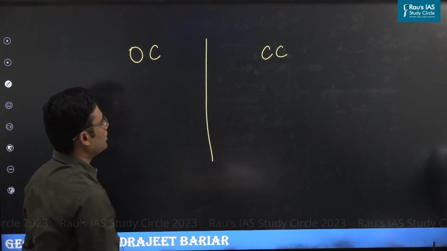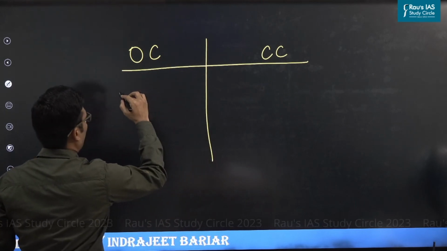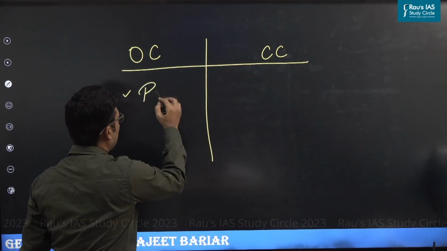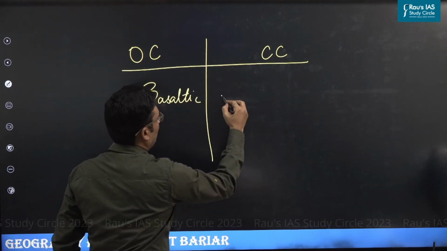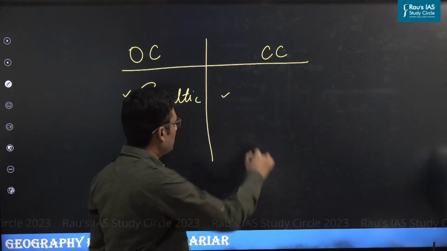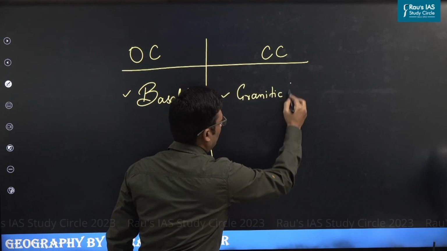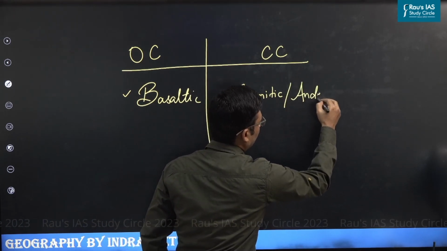The basic differences, most importantly, are that oceanic crust is basaltic in nature, whereas continental crust is granitic, or what we also identify as andesitic in nature.